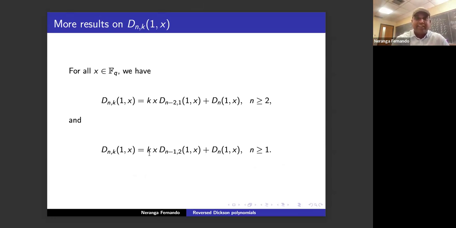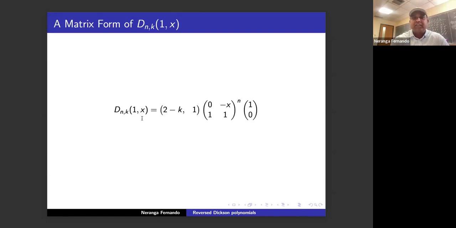The k plus one kind can be written in terms of the third kind and the first kind. And then I was able to show that the n-th polynomial of the k plus one kind has a nice matrix form, and can be represented using this matrix multiplication.